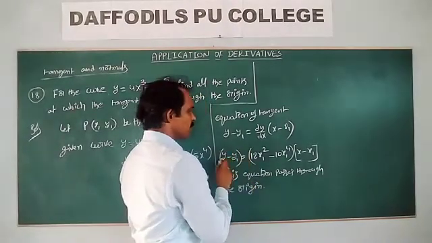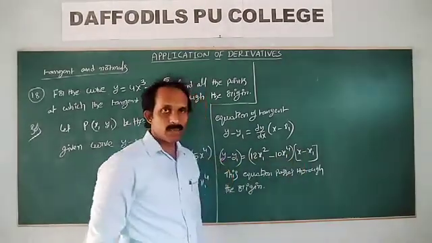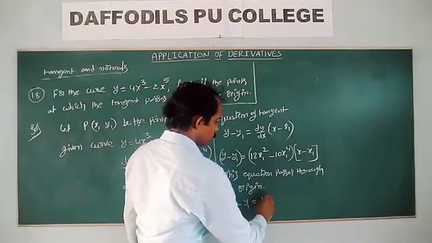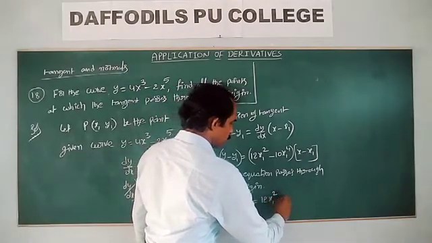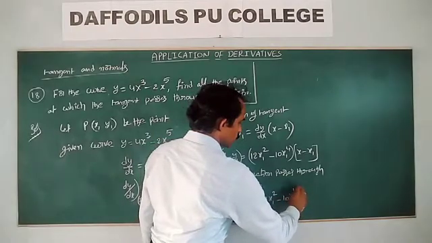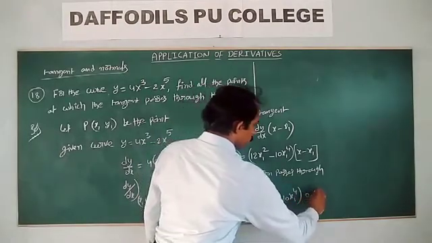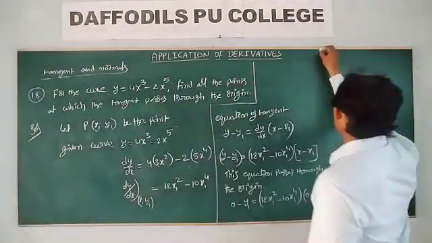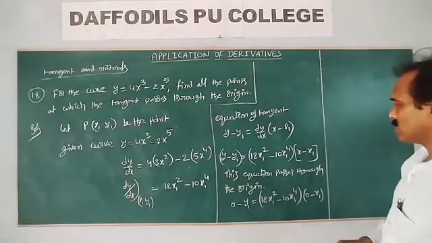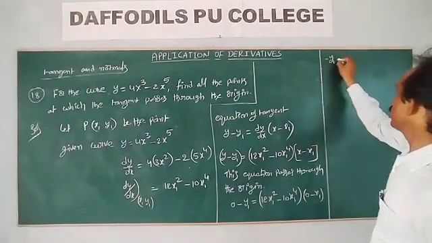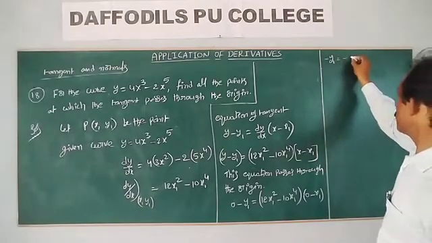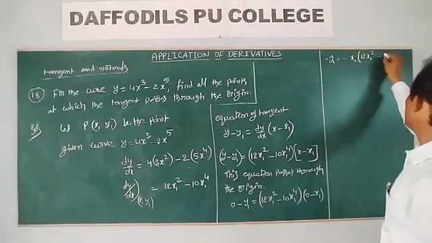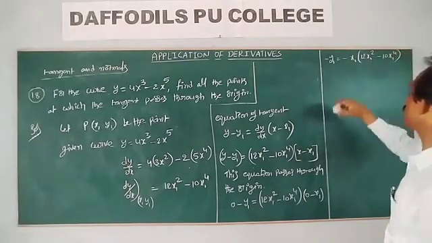In place of x and y, substitute 0, 0. Minus y1 is equal to 12x1 square minus 10x1 to the power 4, times 0 minus x1. Minus y1 is equal to minus x1 times 12x1 square minus 10x1 to the power 4.